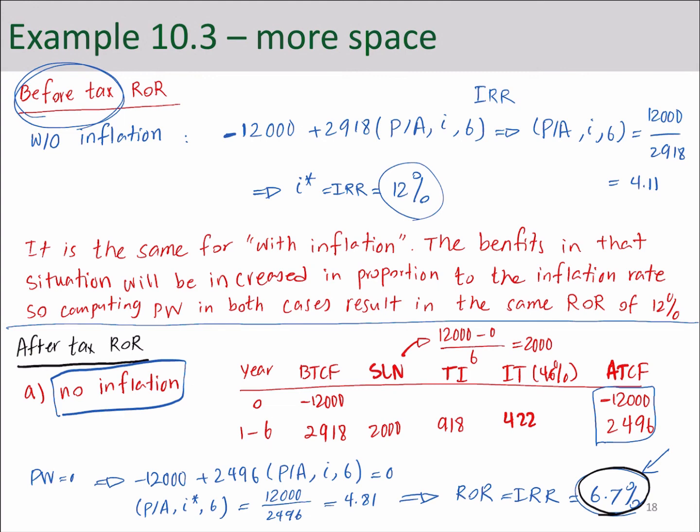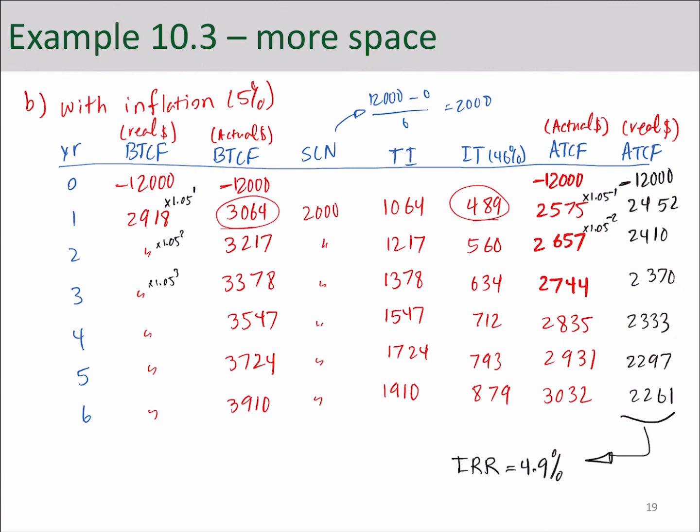If you don't deal with any tax calculations, with inflation or without inflation will give you the same IRR. But for after-tax cash flow, inflation matters. In fact, inflation will decrease your IRR a little bit. And the reason is really this part of the calculation. You're going to pay more taxes because you're paying tax on inflated dollars, and that will bring down your rate of return.